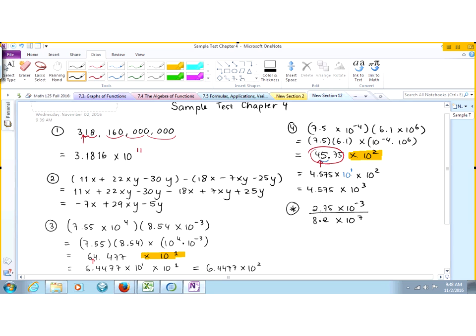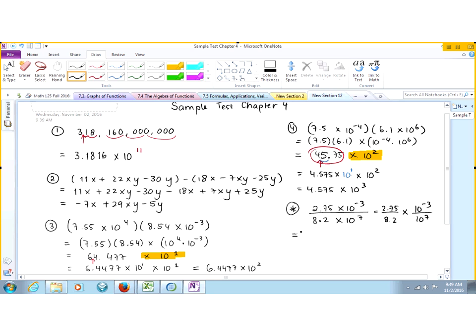I didn't have this on my sample. Okay, so what would you do here? Divide the 2.75 by 8.2. Multiply by 10 to the negative 3 divided by 10 to the 7.